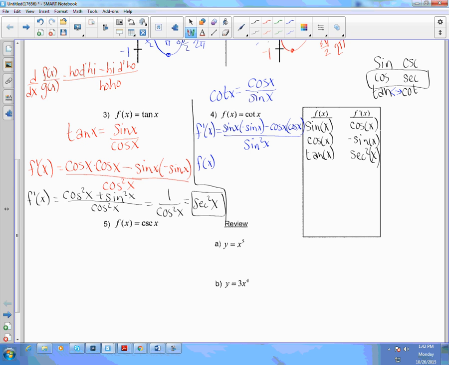Okay, so simplifying: negative sine x times sine x is negative sine squared x. Then minus cosine x times cosine x: negative cosine squared x, all over sine squared x. And the numerator, 1?